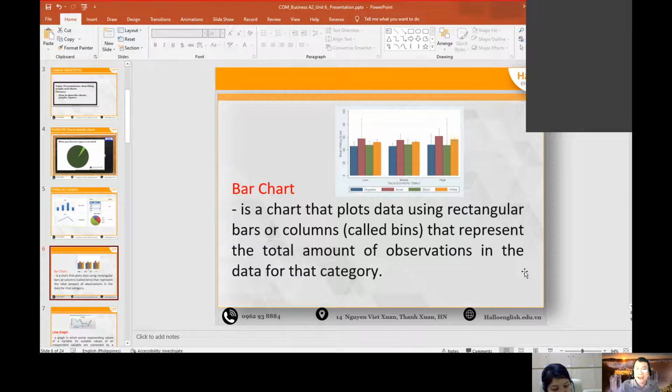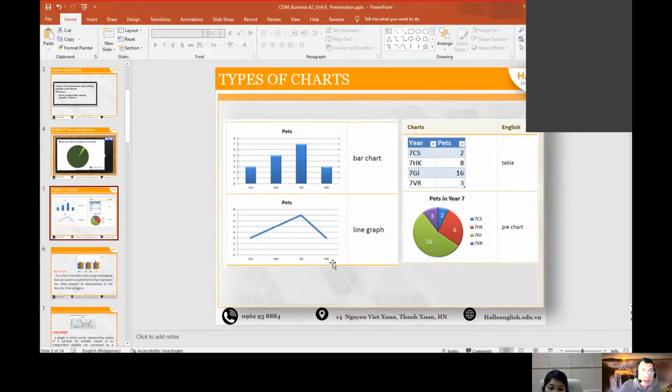Sometimes, yeah. Because it's very important to show something in our report. Then the second one, we call this one a line graph.